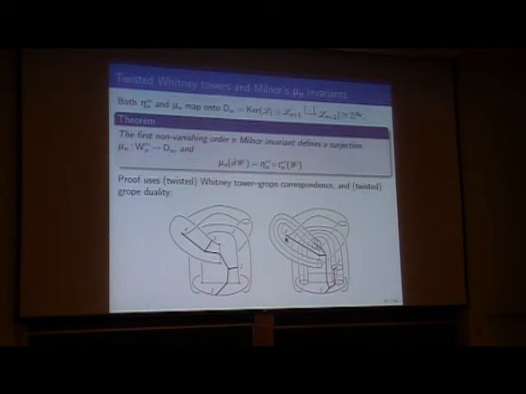So a meridian, a normal circle to this Whitney disk, is contributing to the longitude of the fourth link component. And by grope duality, that can then be written as a commutator, going down and following the rest of the tree. Again, I can't explain that better for the moment, but this geometric map is really the explanation of why the Milnor invariants can be read off this way.